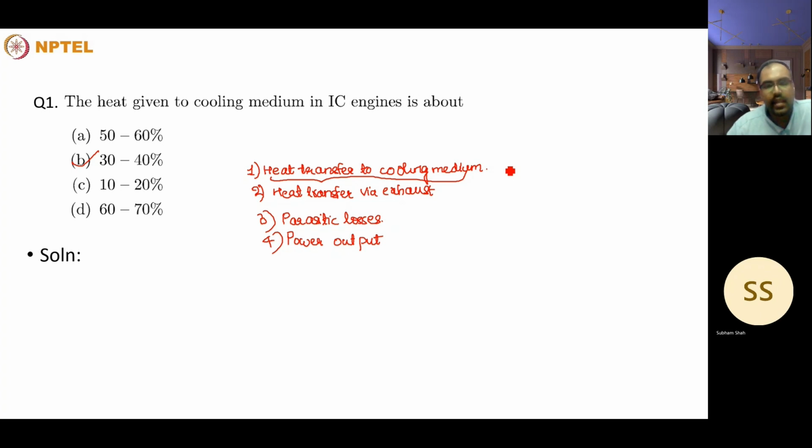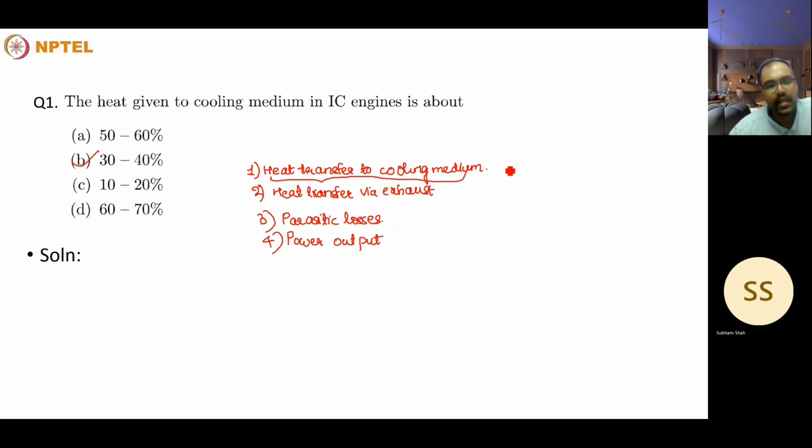to compress the air. The power which is being produced in the power stroke, right? A part of that will be used to compress the air in the compression stroke.